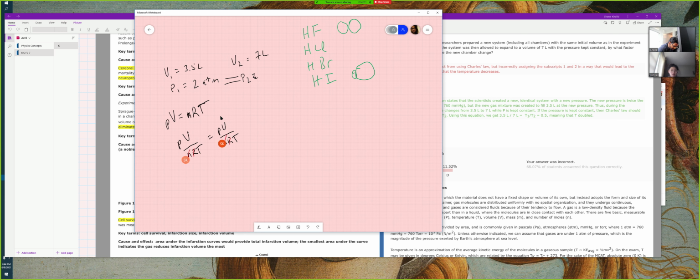Yep. Now, what else can we cancel? Pressure, because it's kept constant. Okay. So in order for this to be equal, the volume doubles, like volume 2 over here.